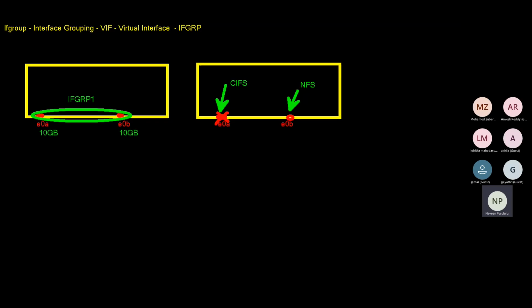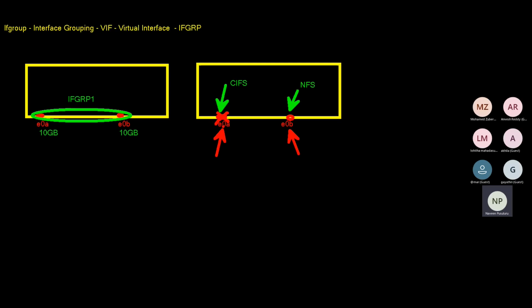And one more thing is, for example, I'm using CIFS heavily. So many users are accessing my storage via the CIFS protocol. NFS is very less. Then I am overutilizing this particular port and underutilizing this NFS port. But if you configure an IFGRP, whether it is CIFS traffic or NFS traffic, everything will be balanced across both the ports and you'll get good performance.